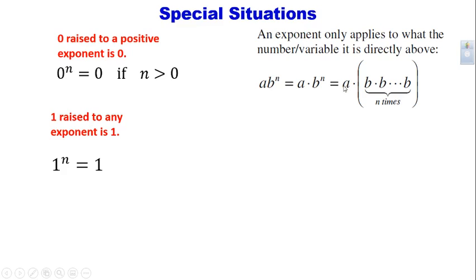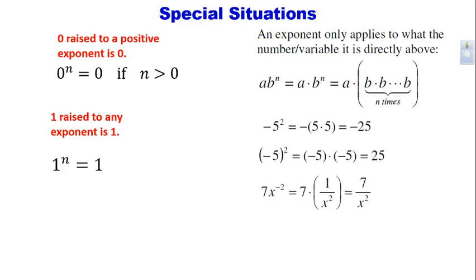So we're multiplying a times n factors of b. Here's an example. If I have negative 5 squared, that square is only for the 5, not for the negative. So really it's negative of 5 times 5, which is negative 25. If I wanted to apply it to the negative as well, I put the negative 5 in parentheses, and then I have (negative 5) squared equal to negative 5 times negative 5, which is 25.